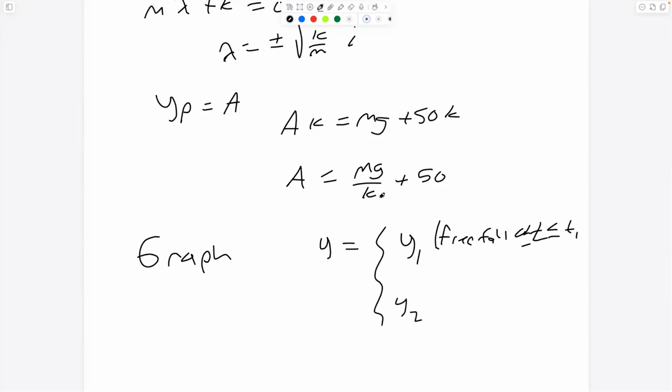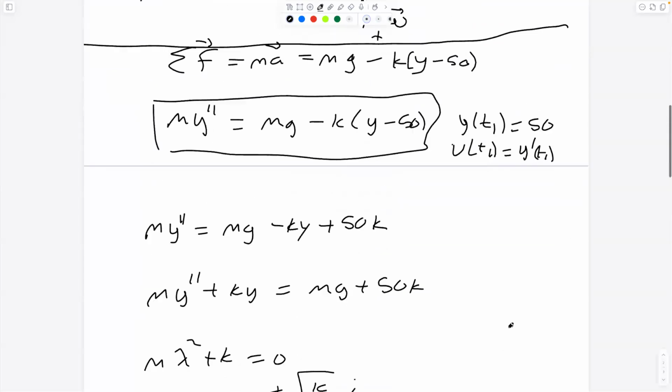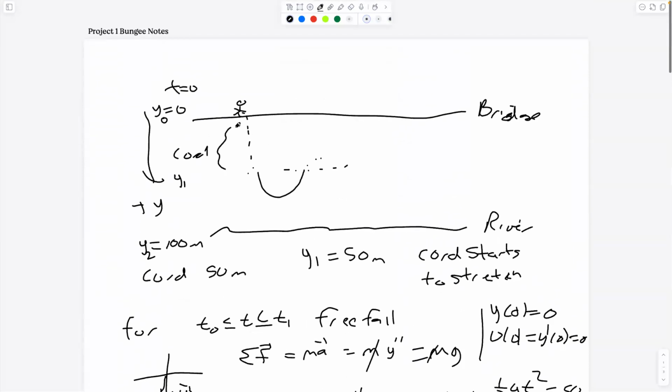And then y2, the one we just found, up until, say, t3. What did I call it up here? Maybe I called it t2. This was t1 here. I'm going to call this t3 because we're going to find this at some point. The how low we go, let's call that t2.